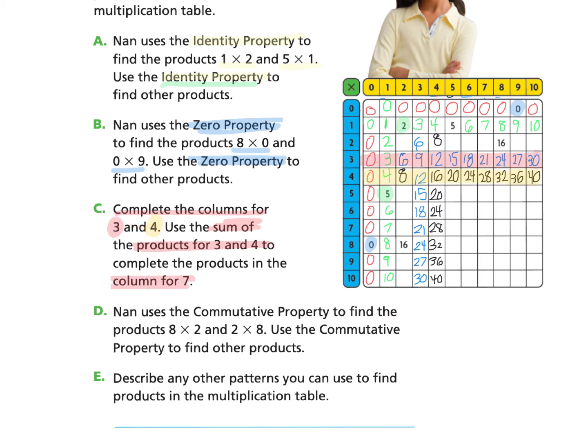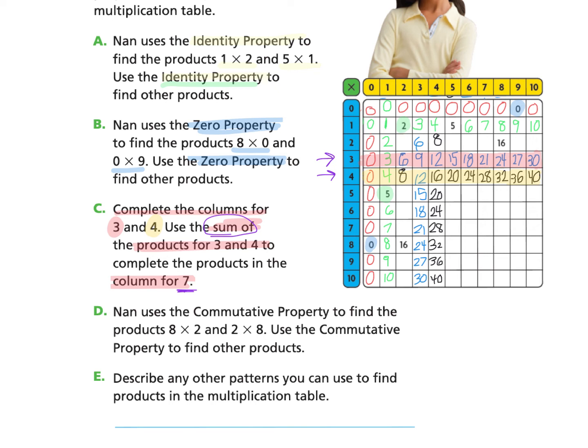Okay, so I have highlighted the horizontal 3 in pink and the horizontal 4 column in yellow. And that's going to help us use these numbers to add them together, take their sum, and make the answer for 7. And so let's take a look at that here.